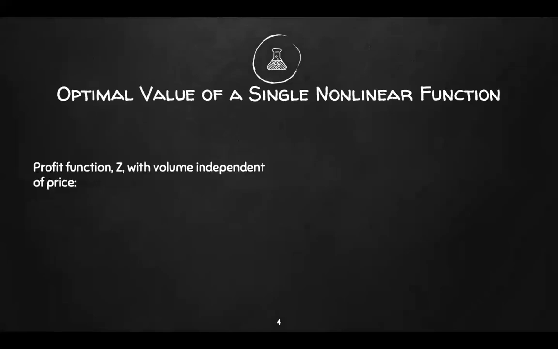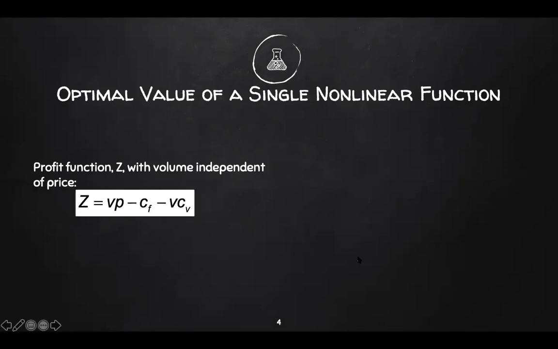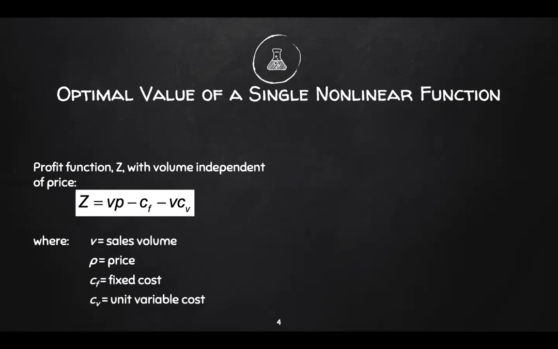So let's take, for example, our break-even analysis before where we crafted a profit function Z. Sa profit function na ginawa natin last time, we have said that the profit is equal to the volume times the price minus fixed cost minus volume times the variable cost.